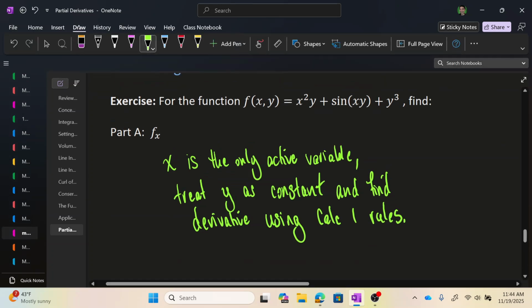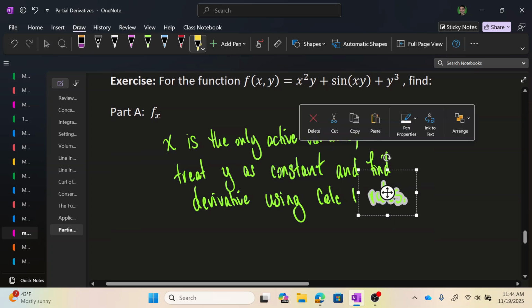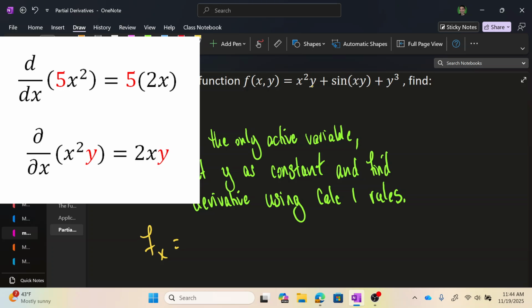So for example, if I want to calculate the derivative of the term x squared times y, in this situation, y should be understood as a constant. So when I have x squared times y, it's not really any different than x squared times 5, for example, 5x squared.